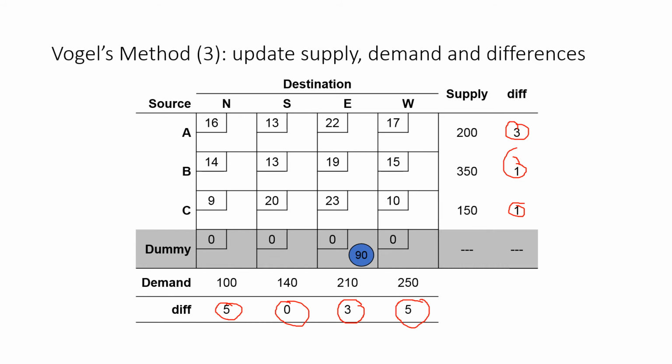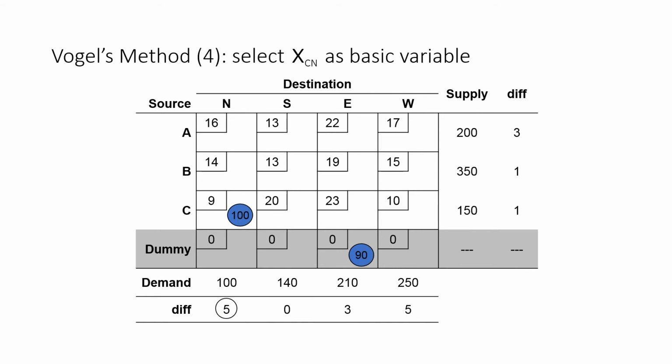It's either the first column or the fourth column. We select either one of them arbitrarily, and then we allocate, and then we find the minimum cost cell in that column, and then allocate as much as possible to it. In this case, I have selected the first column to be the one with the largest difference, and then 9 being the smallest cost in that column. And then I'm going to allocate as much as possible to this column. So we have the 100 here, and we have 150 on the supply.